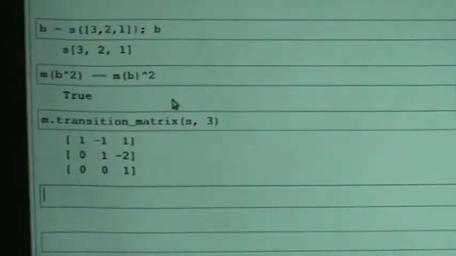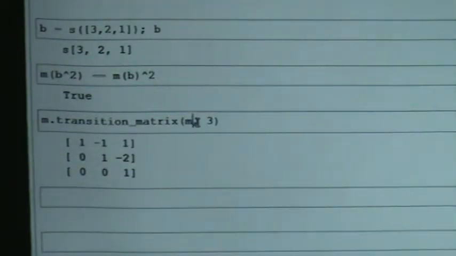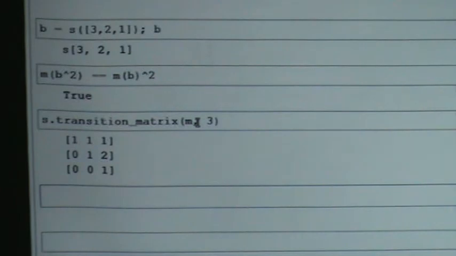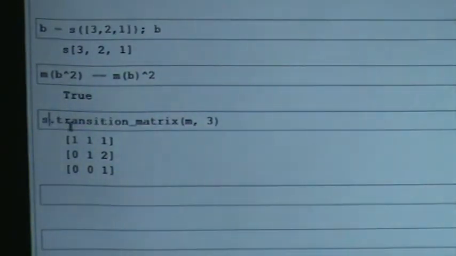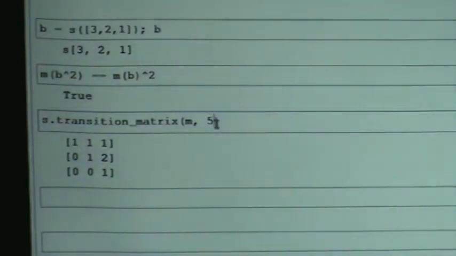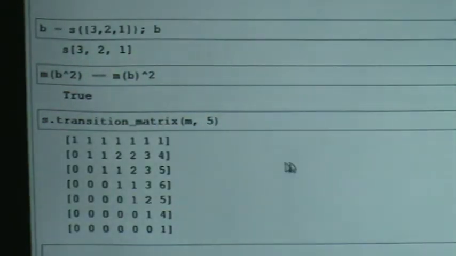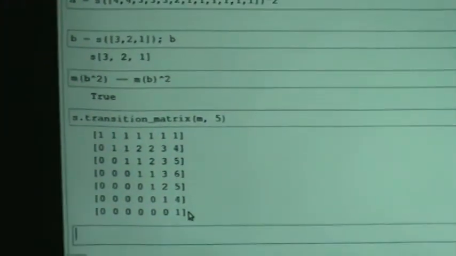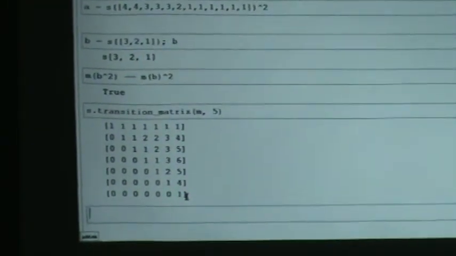Oh wait, you think? Actually, let's do the other way. And if we do... so, do these numbers look familiar to anyone? Yeah.